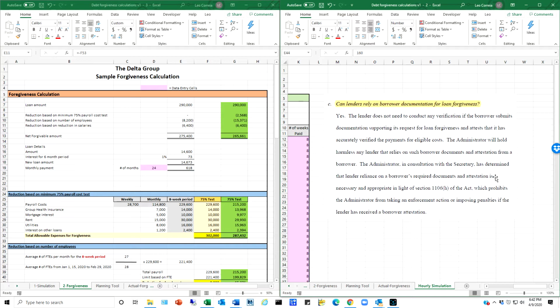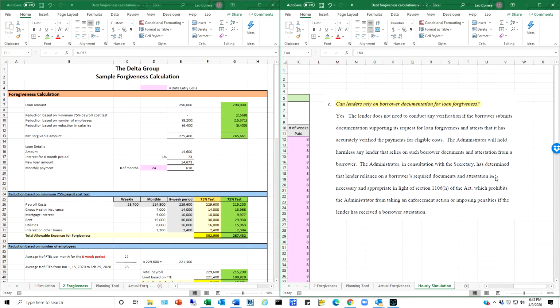Now, the SBA is going to issue additional guidance on this, but it was interesting that they put this statement into the documentation that they published on April 3rd. And it says, yes, the lender does not need to conduct any verification if the borrower submits documentation supporting its request for loan forgiveness and attests that it has accurately verified the payments for eligible costs.